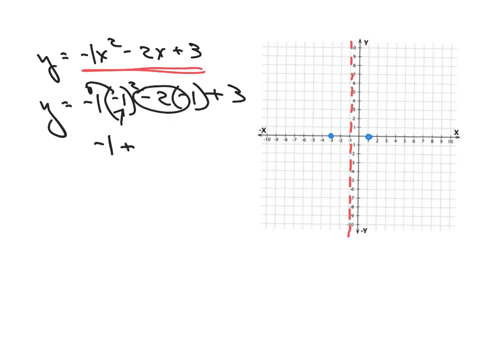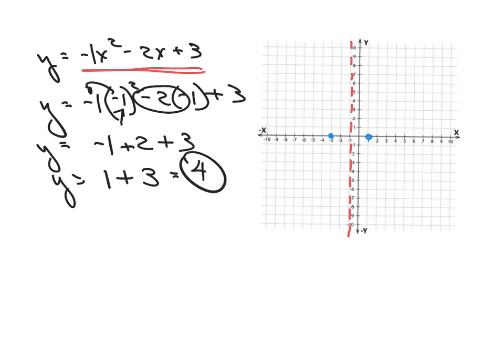This will be plus 2 plus 3. So y equals 1 plus 3 equals 4. So I know my vertex then is along that line right there. And that gives me enough information that I can draw this.